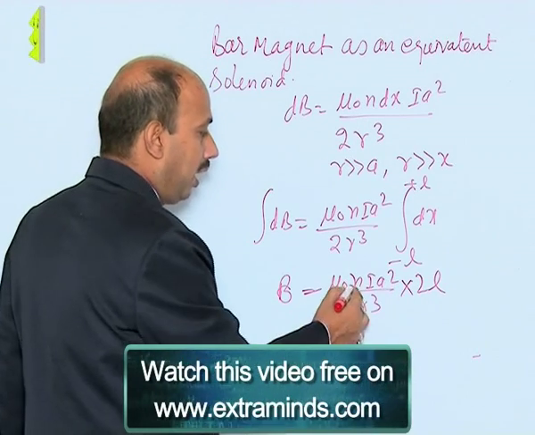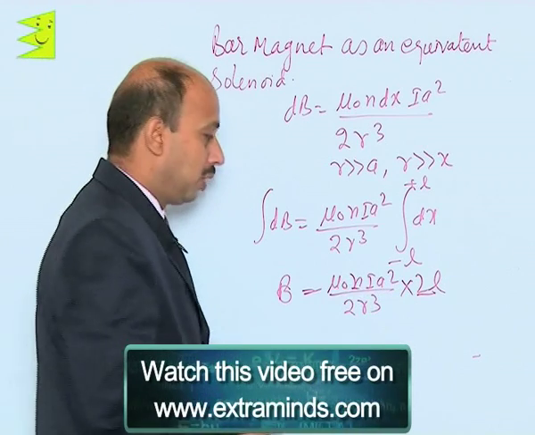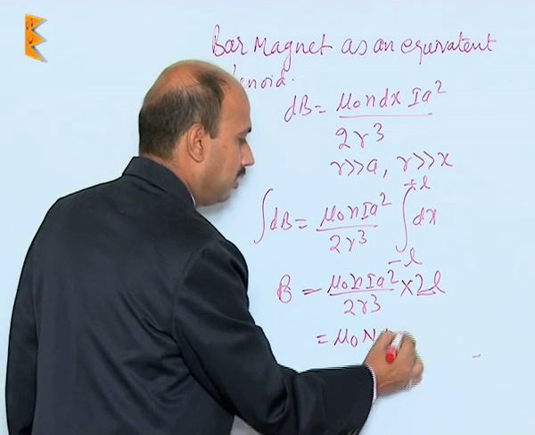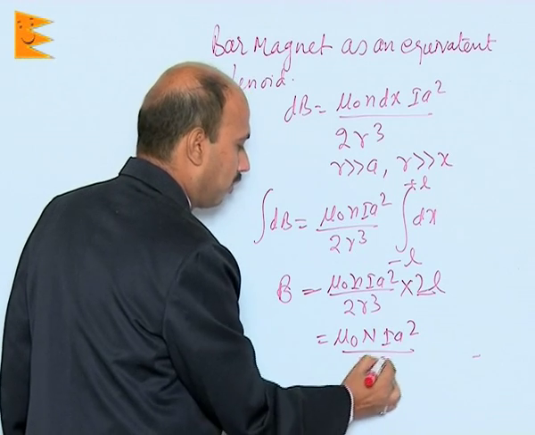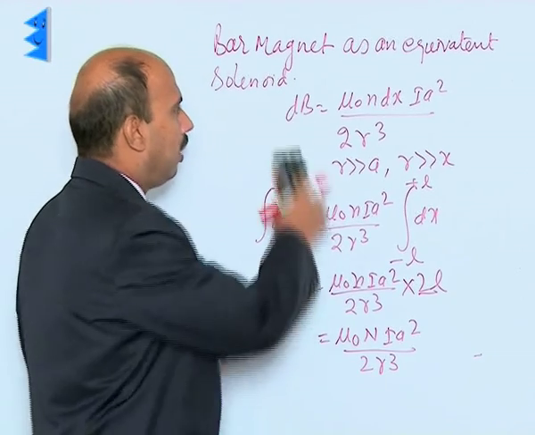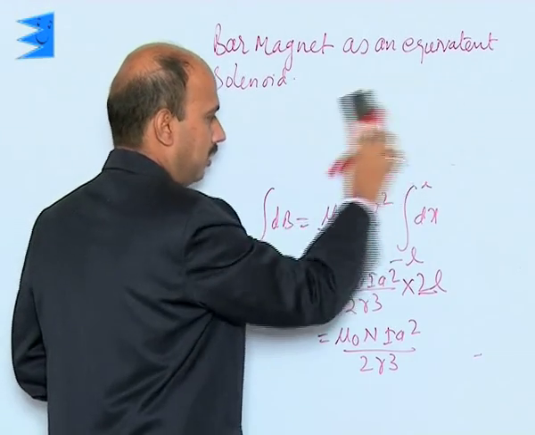Now, see here, n into 2L is the total number of turns.